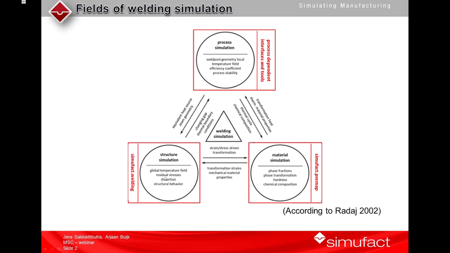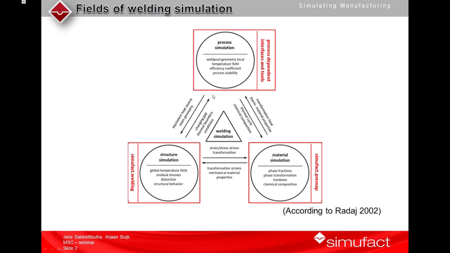So, as Arjan presented, our aim is the temperature distribution inside of the component, and especially the distortion behavior. Nevertheless, we can't ignore that the material is changing and that the material is temperature or phase dependent, and therefore we are using our Simufact Premap modules to include that into our structural simulation. I will show you later how we do that and what a user has to do.